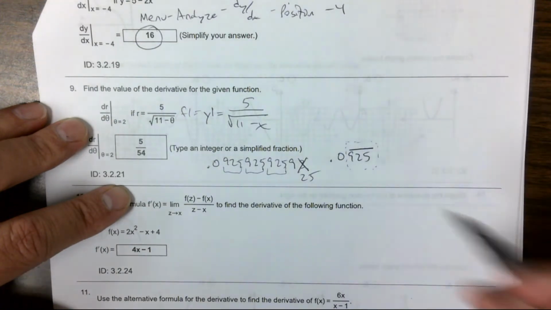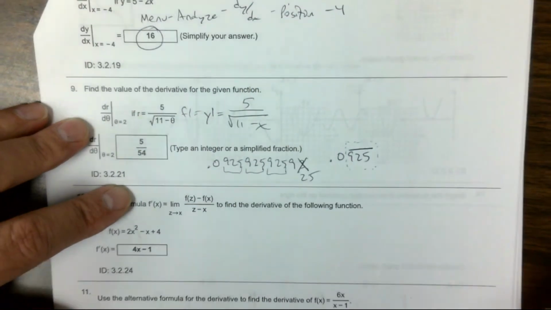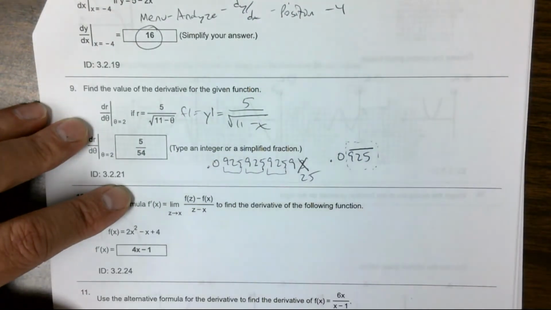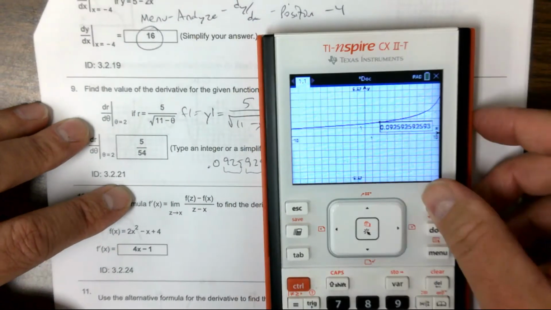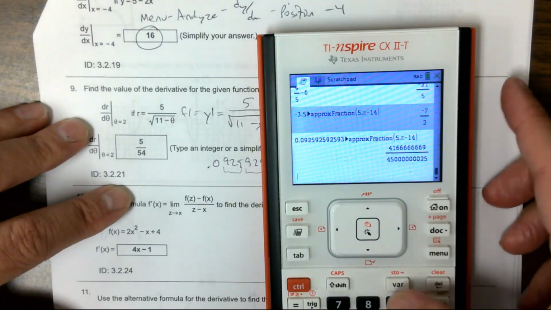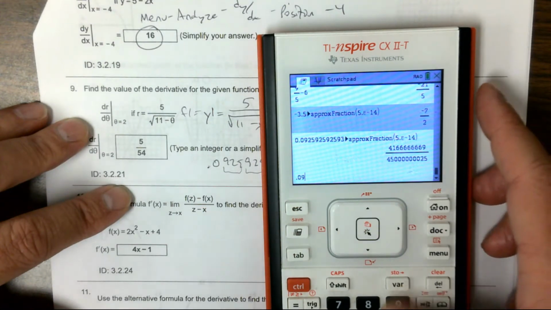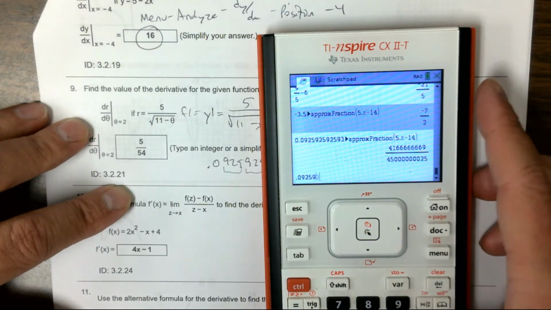I mean, don't repeat any zeros. 925, 925, 925.